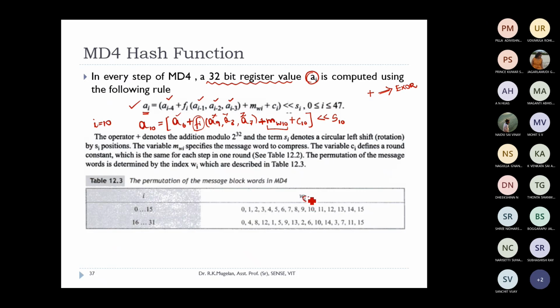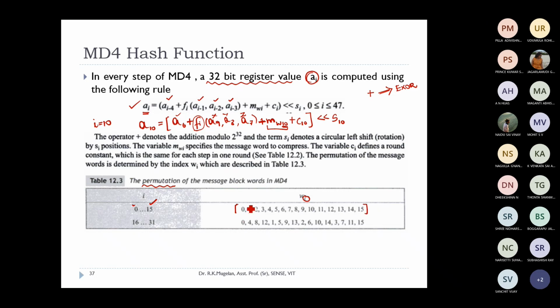Why does this I come into the picture? You are going to take a message word, but this 10 denotes the permutation of the message block. That is, for I value ranging from 0 to 15, this is your permutation table.